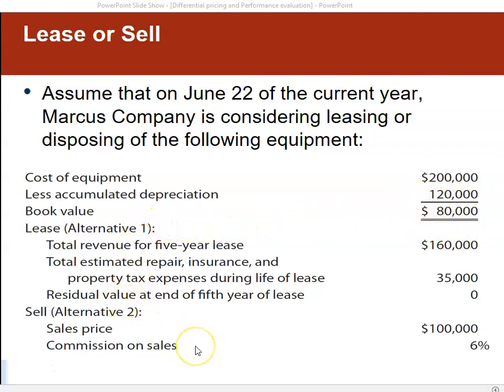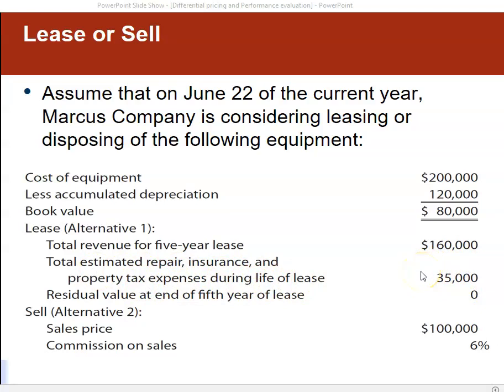The first is to lease the equipment, and it says that the total revenue for a 5-year lease is $160,000. And it says that the total estimated repair, insurance, and property taxes during the life of the lease is $35,000. See, we're leasing it.